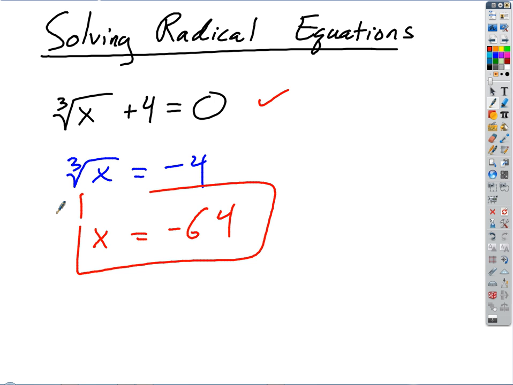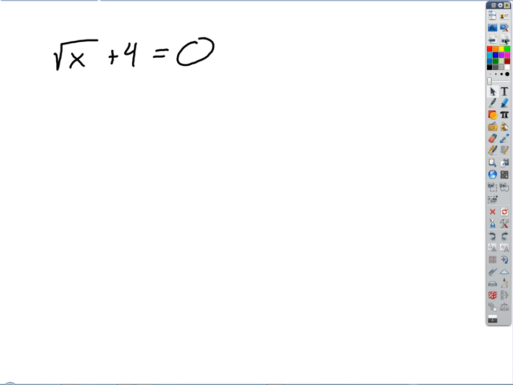Okay? All right, let's try it again. Something like this. First step, subtract 4. What do I do? Square both sides. If I square both sides, I get x equals, no, just 16.